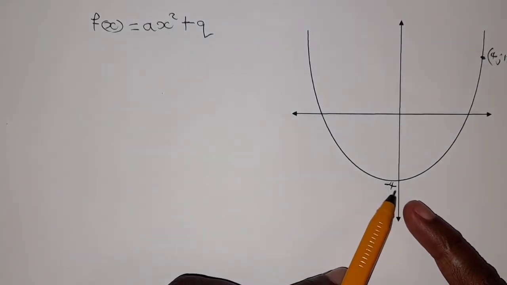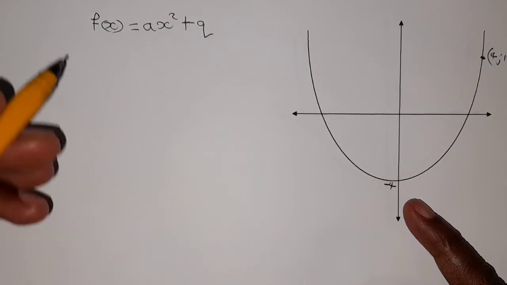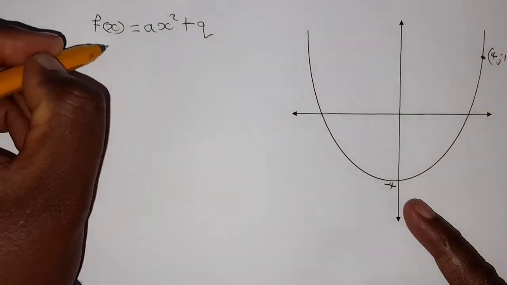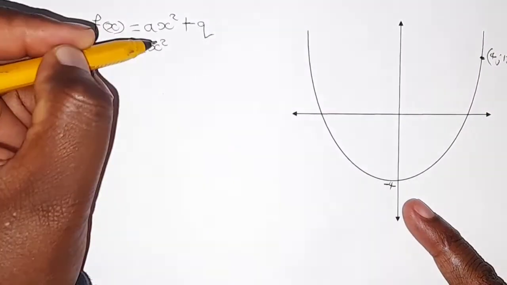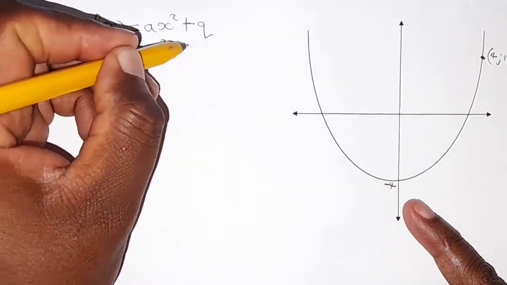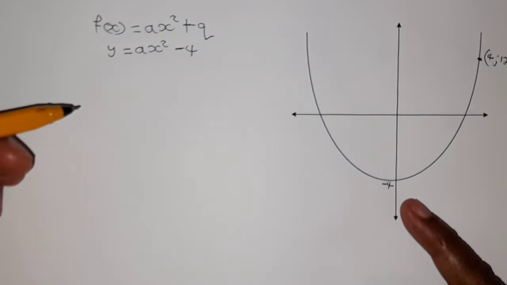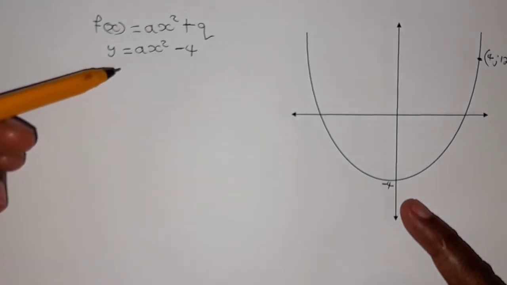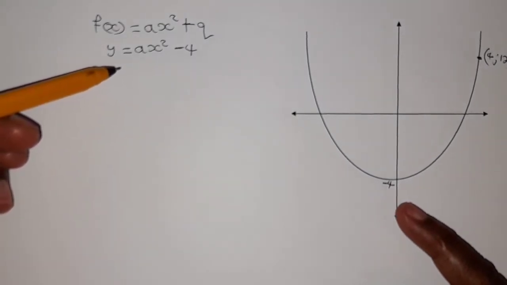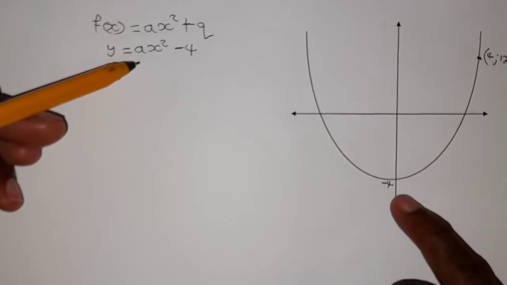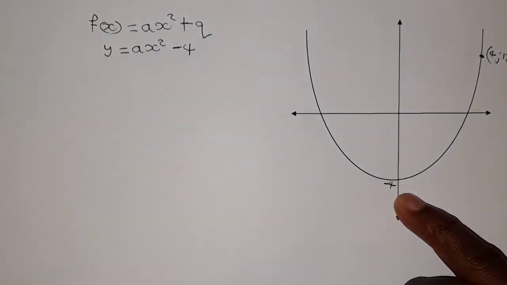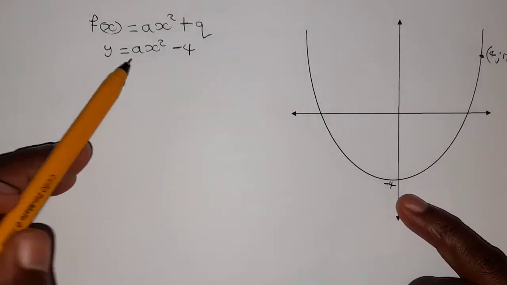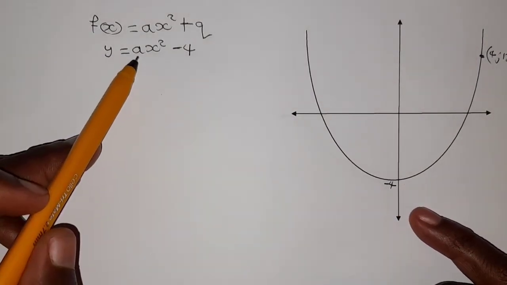So our function here has been shifted 4 steps downwards. So we can write it as y is equal to a x squared minus 4. So our q here is -4.